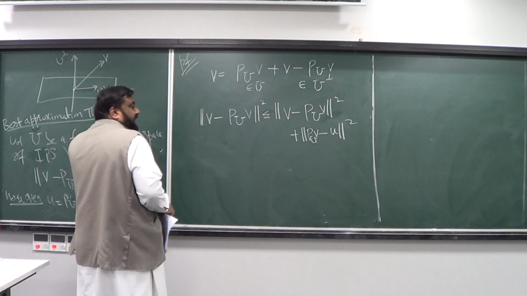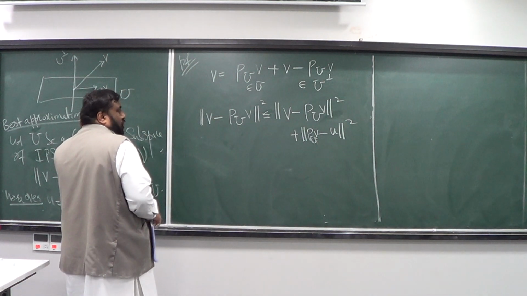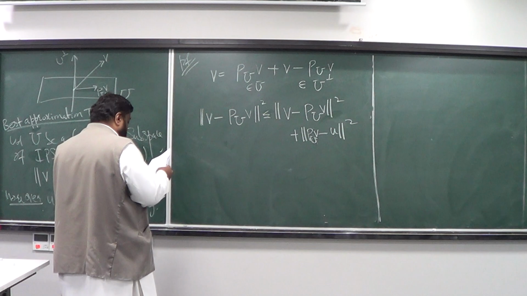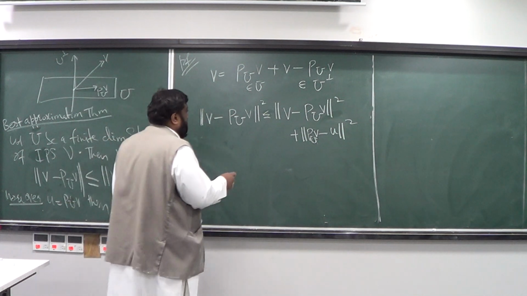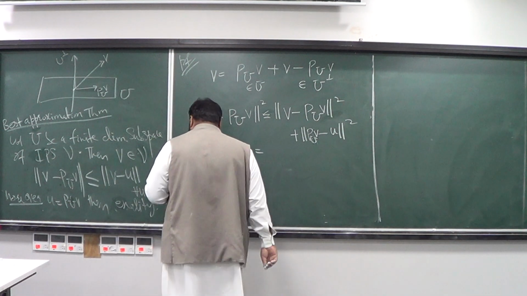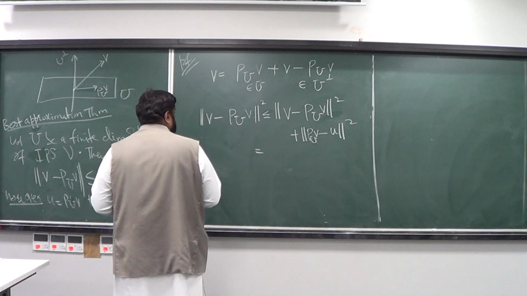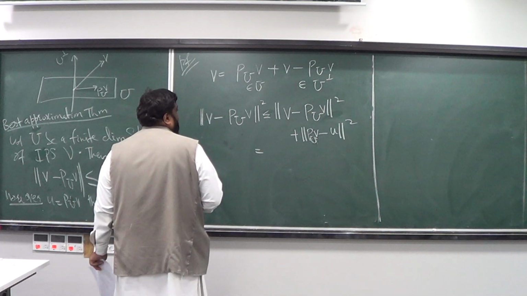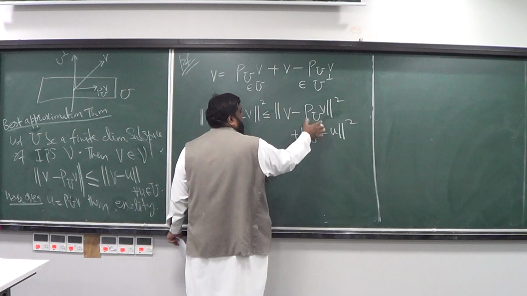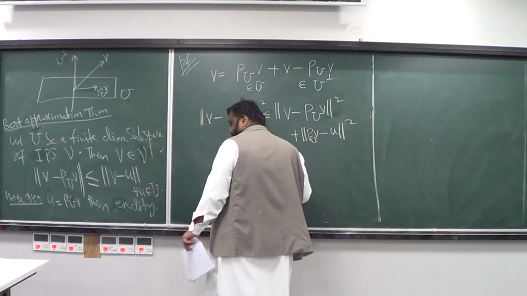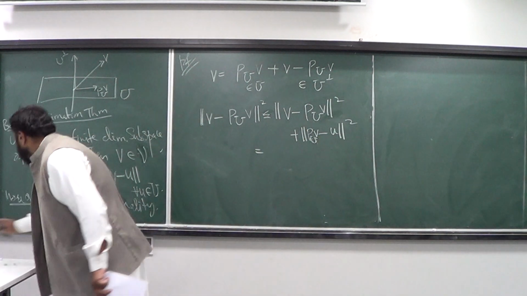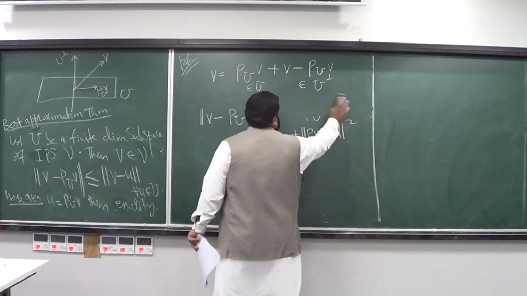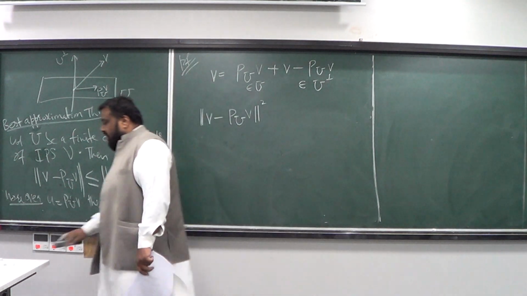Now what we can basically do is show that these two vectors must be orthogonal to each other. So let's calculate this norm.